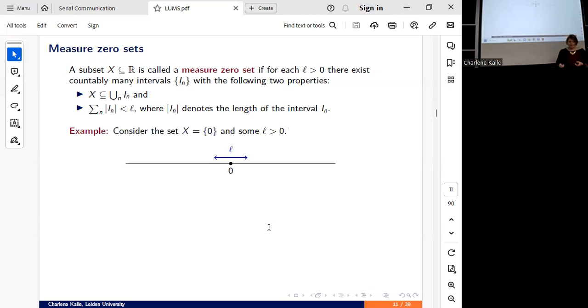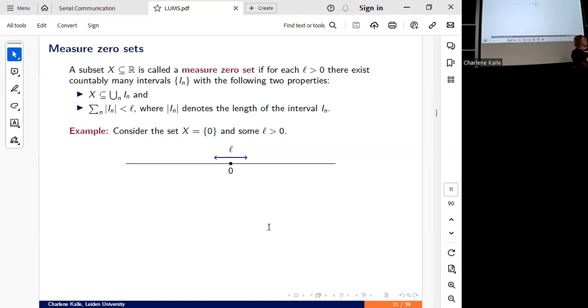Let's give a simple example. So suppose our x is just a single point 0, and we take any value for L. Here I took some random L. You cannot see whether it's big or small because there's no scale in this picture, so it can be anything. And then what can we do to show that this set, so this is a single point, right?